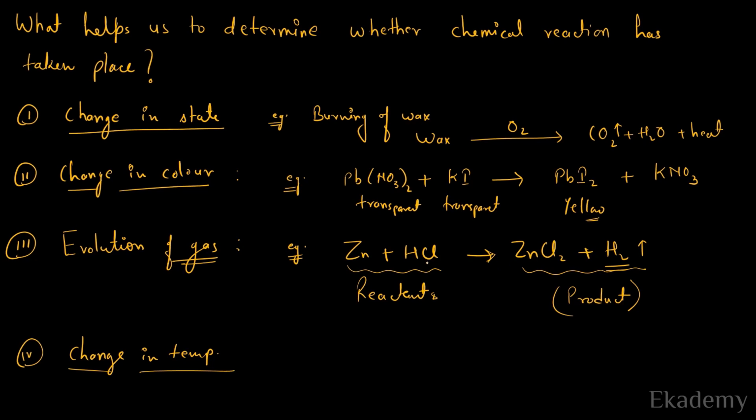For example, in the above example where zinc reacts with HCl, it forms zinc chloride as well as hydrogen gas along with evolution of heat. It generates a lot of heat. You can feel this heat if you touch that boiling tube or test tube. The surface of that test tube becomes very hot. So this is again a parameter to determine whether a chemical reaction has taken place or not. You can again quote the same example here.